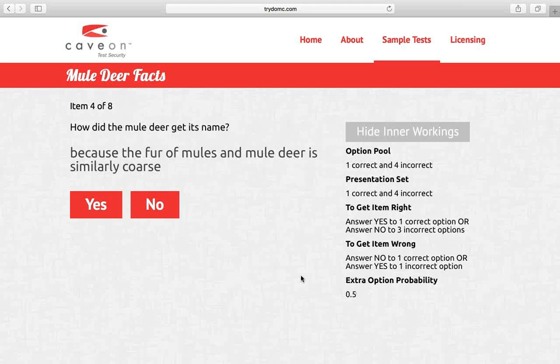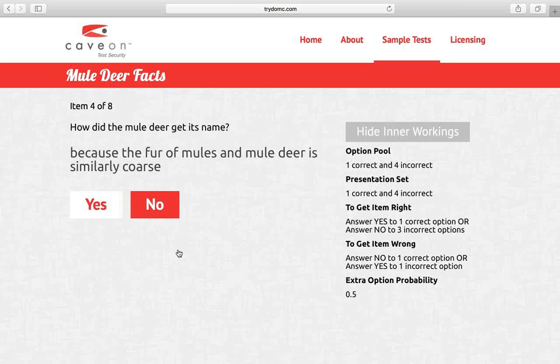This is used strictly to break up any response feedback that a person could obtain by answering the yes or no buttons. It's a very important extra little feature of the DOMC item type. It's not difficult to use. The default is 0.5, and it can just be there the whole time.